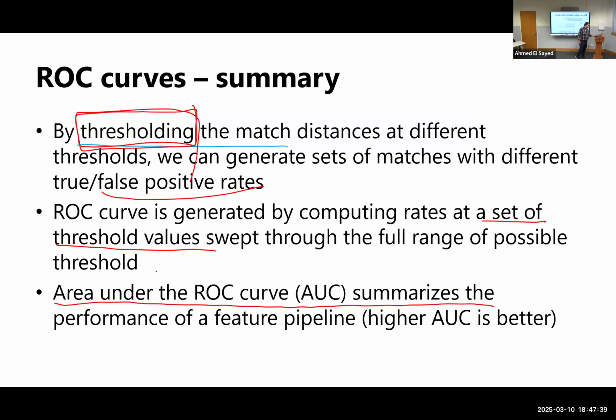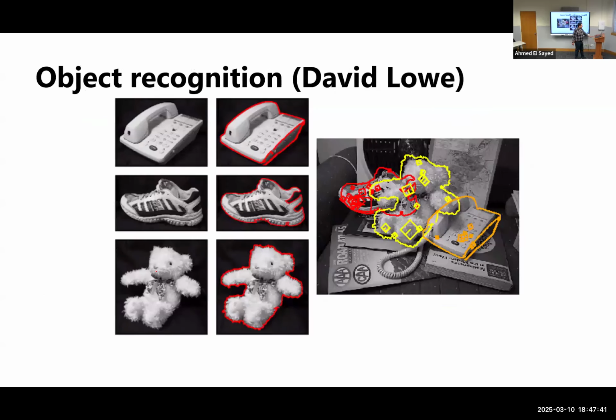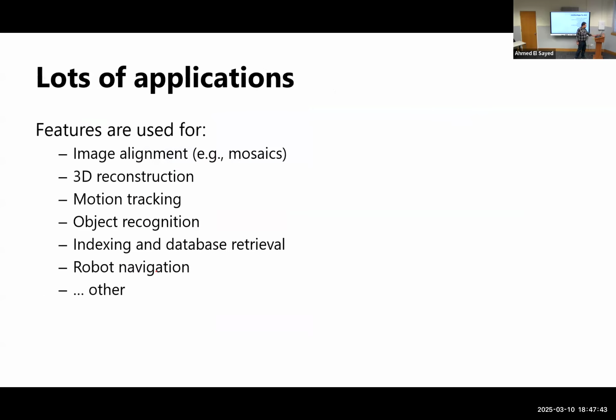Like what? Like image alignment, if I have multiple images and I want to align them together. If I want to make 3D reconstruction, I have a couple of images and I want to build a 3D view for an object. Motion tracking.